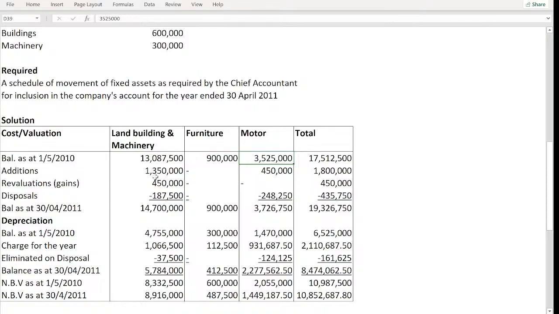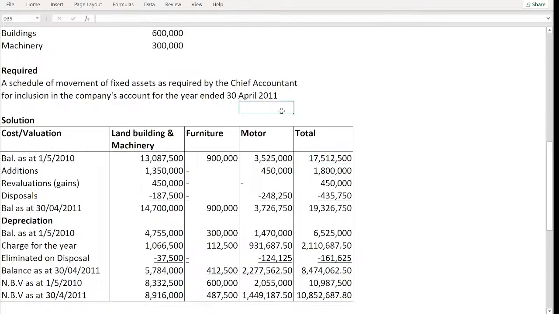We can start with the additions, where we are being told that large building and machinery were acquired for 1,350,000, so we shall write that. Then we also have the motor vehicle. A new truck was obtained for 450. So those are the new additions. The total becomes 1.8. Then we also have the revaluation gains. To calculate this, we are told that the large building and machinery were acquired for 1,350,000.